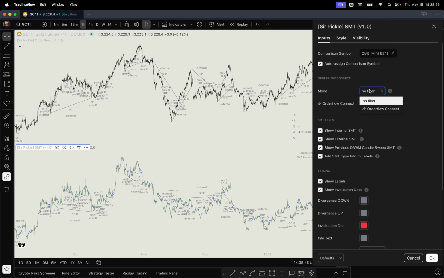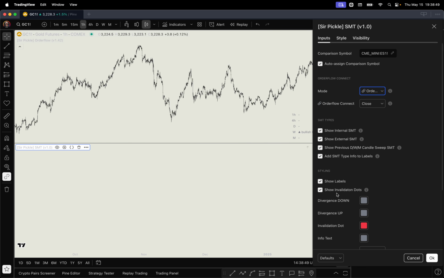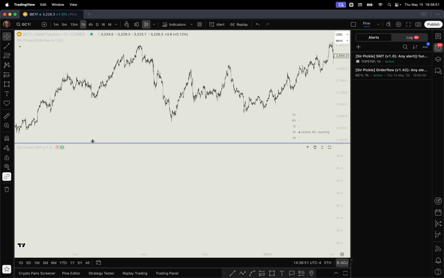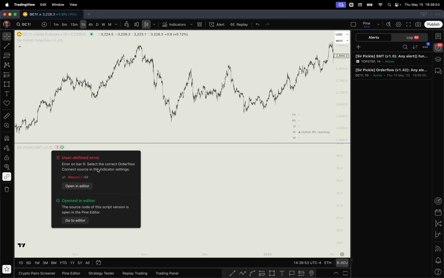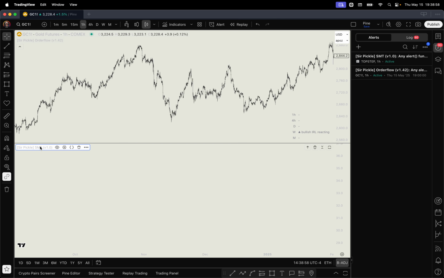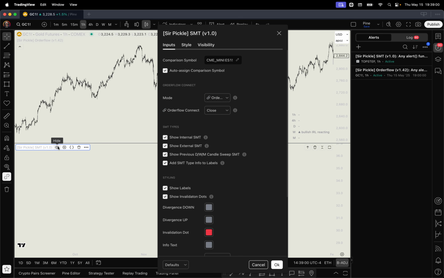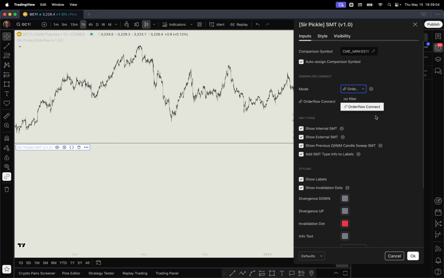But now if I say order flow connect as a mode, first of all, what happens? I will get an error because here it now says select the correct order flow connect source in the indicator settings. So double clicking there again or going to the settings, I have to select mode order flow connect, and I also have to select the order flow connect source.